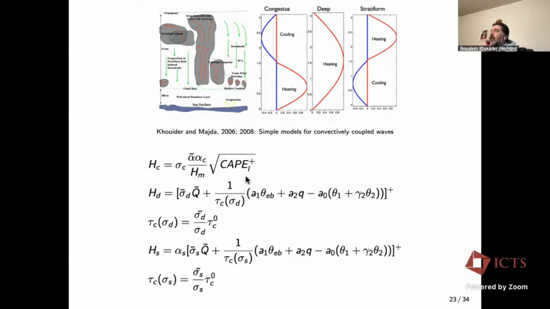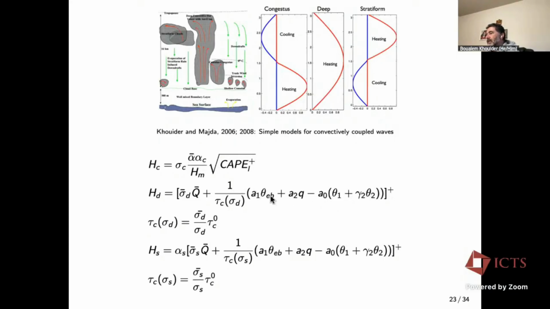H_c will be like low-level CAPE times some factor that's just a normalization factor and dimensional constant, and then the area fraction from congestus. And then the deep convection also obeys the same idea. Then you have the area fraction of deep here, it comes as an inverse here.